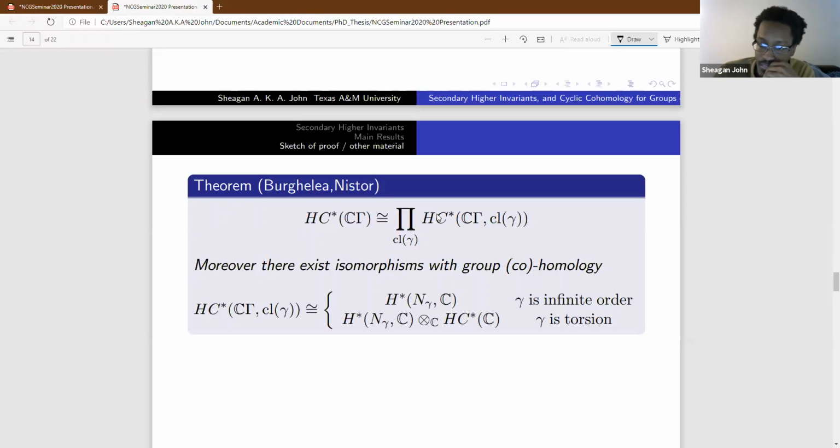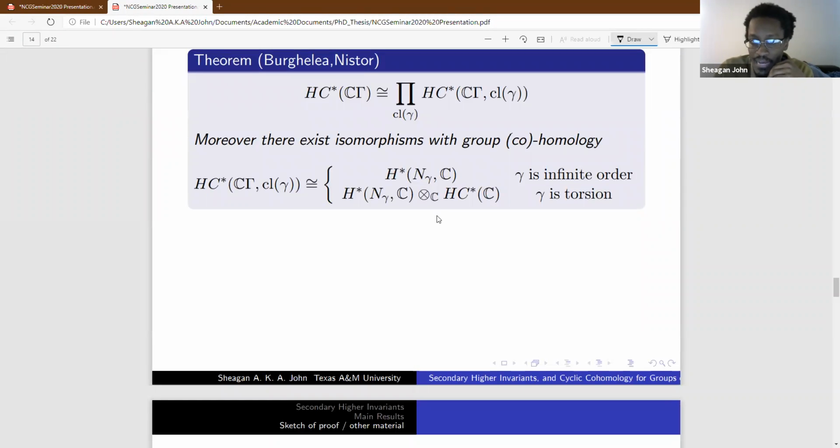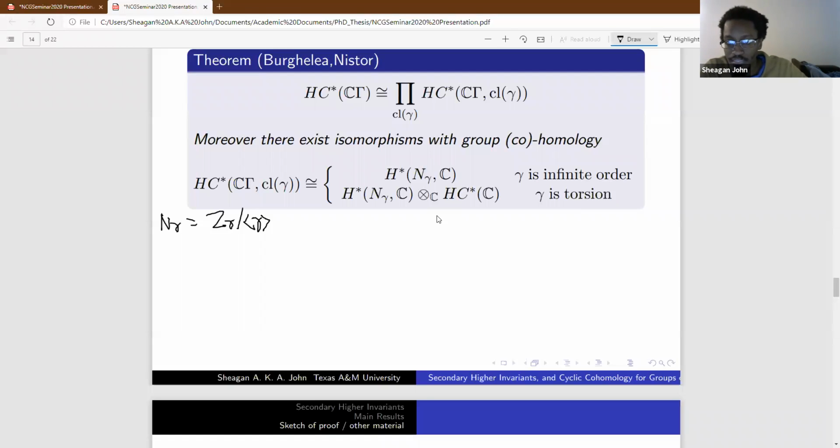And then importantly, isomorphisms between our delocalized cyclic cohomology and group cohomology of N gamma. And I'll just remind everybody what N gamma is. So N gamma is the quotient of the centralizer of the element gamma. So we take the centralizer of this element and we quotient out by the cyclic group generated by gamma.